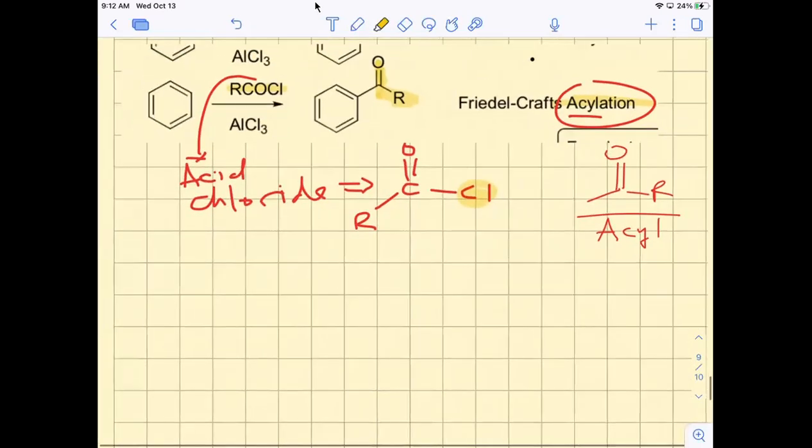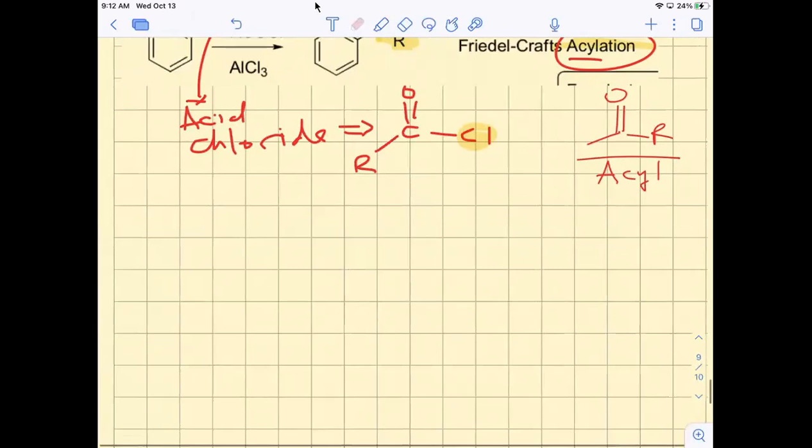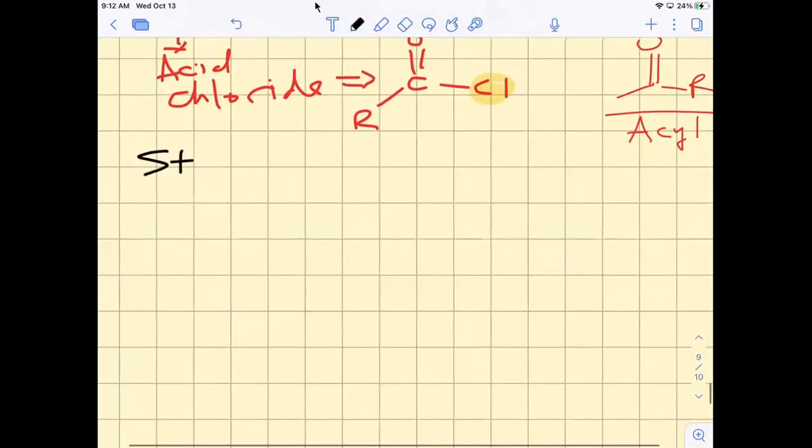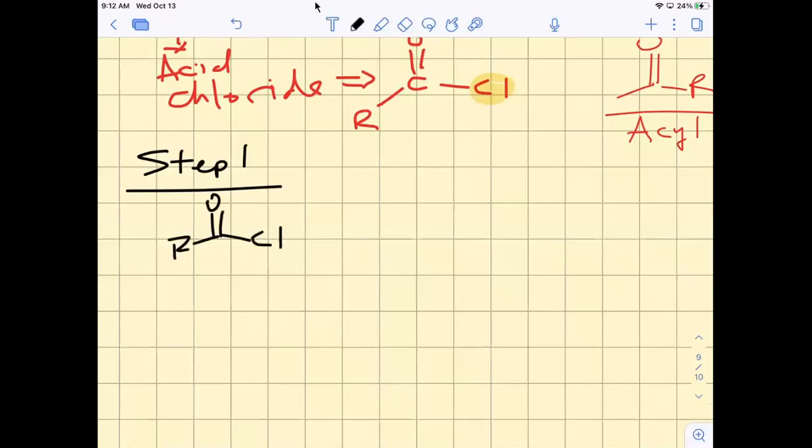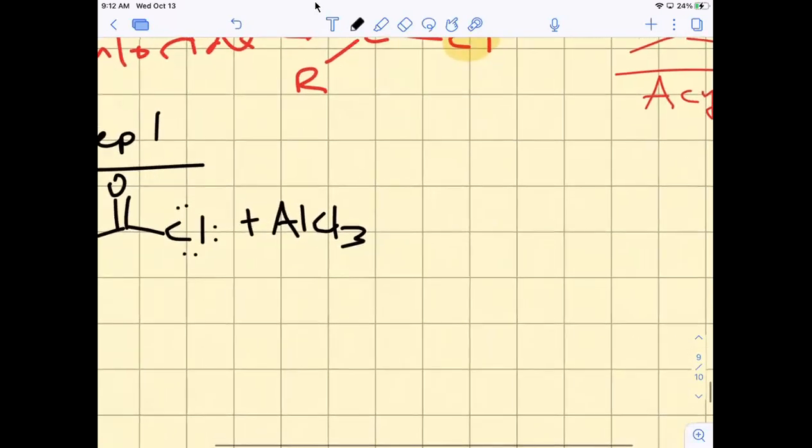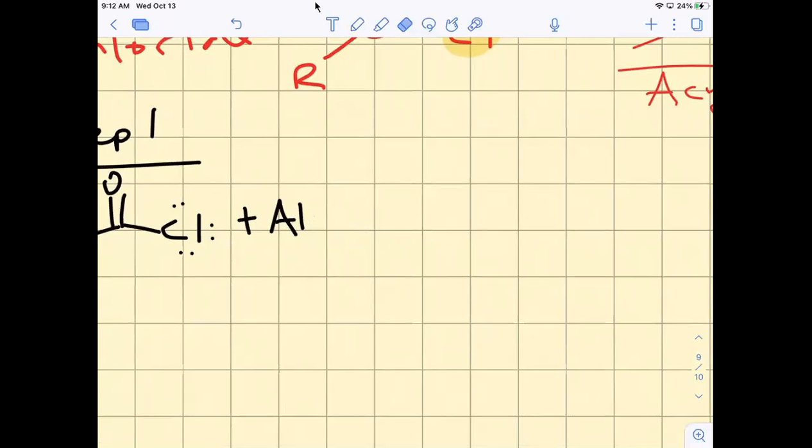All right, so in step one, that's where we activate. Let me go change colors right quick. In step one, we're going to activate the carbonyl. It's going to form a coordinate covalent bond with aluminum trichloride, just like before.